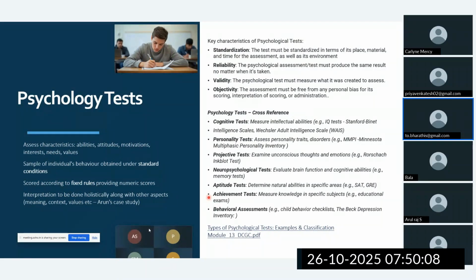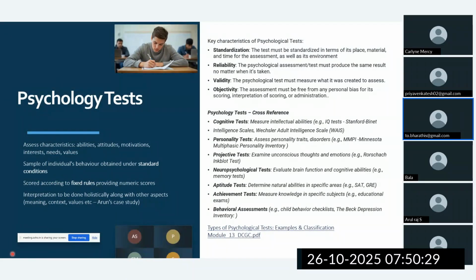I need to understand that. And the interpretation, as we were talking earlier, cannot be done on this one thing alone. I need to take this as an input, relate it with the results of other assessments I do, and then try to come to a conclusion rather than taking only one thing as a reference, right?